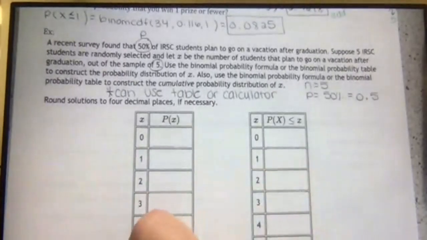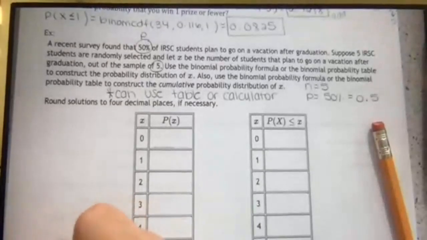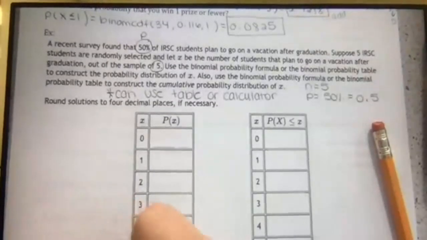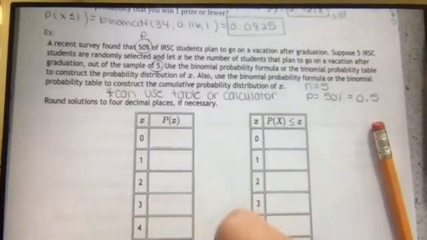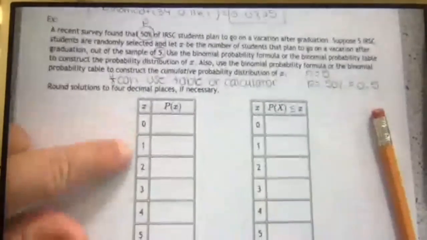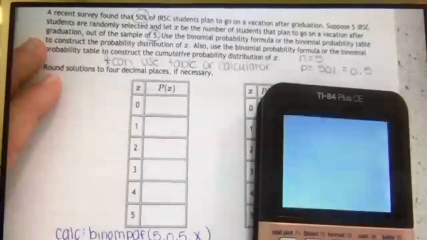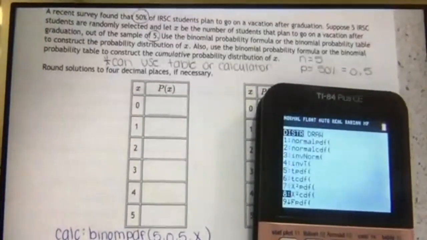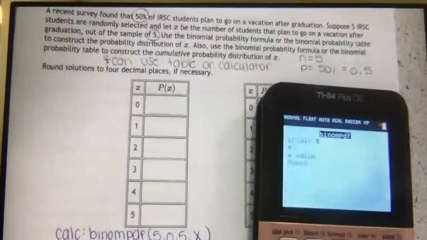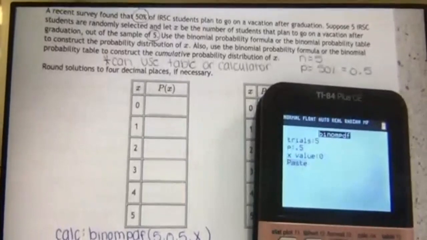If you want to do it in your calculator, it would be binomPDF. Our N value is 5, our P value is 0.5, and then you plug in your different X: when X is 0, 1, 2, 3, 4, 5. Just to show you in your calculator, second VARS is binomial PDF, 5 trials, P is 0.5, when X is 0.